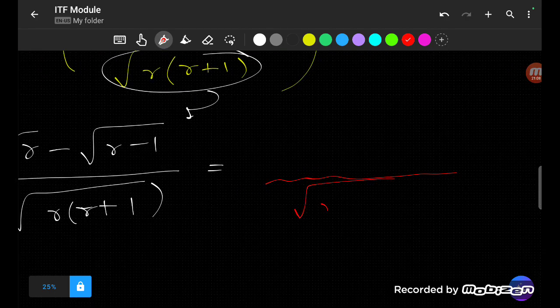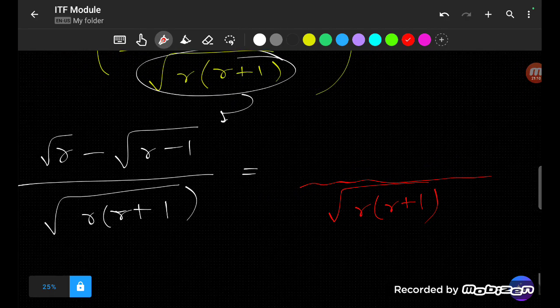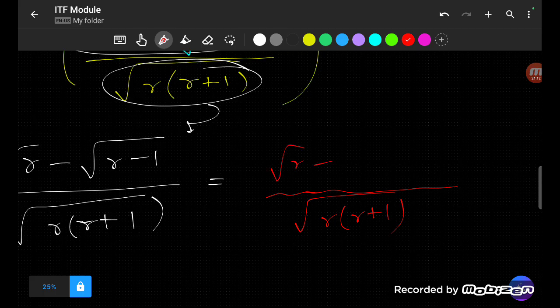Oh, this is a bit of a weird one to break. I want to somehow break this, but I just don't know how I am going to break this. If root r minus r plus 1, so we still have 1 upon top.